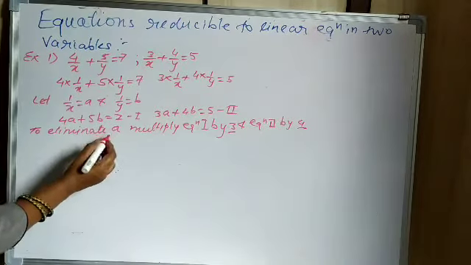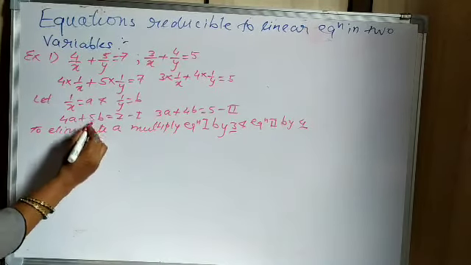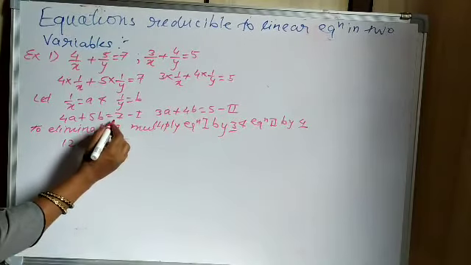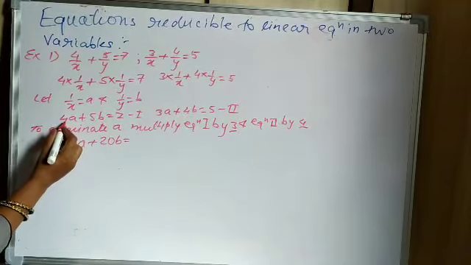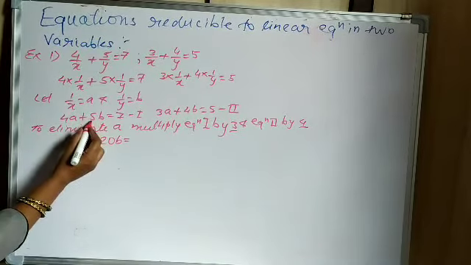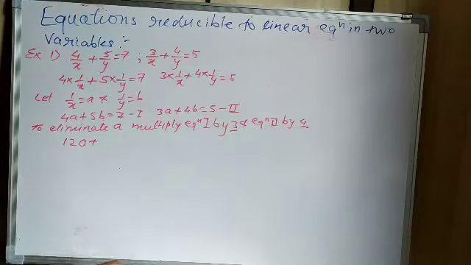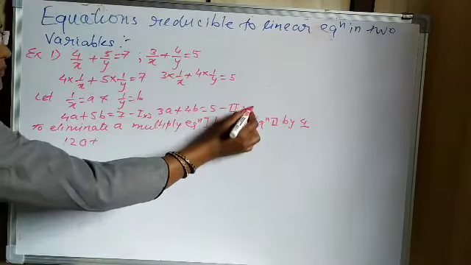So multiply the first equation by 3. What will we get? 4 into 3, 12a, plus 5 into 3, 15b, is equal to 7 into 3, 21.